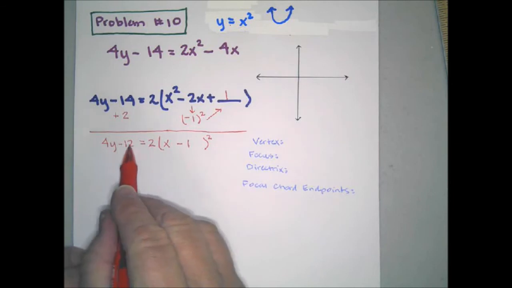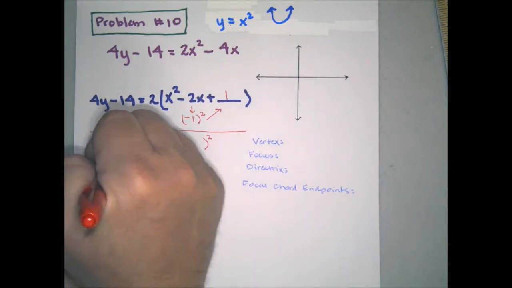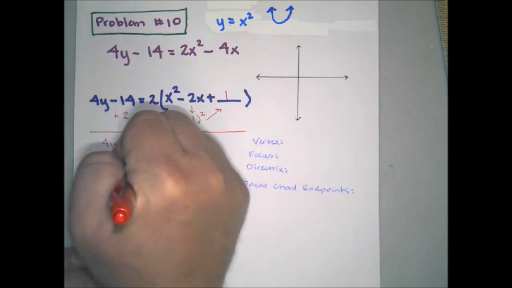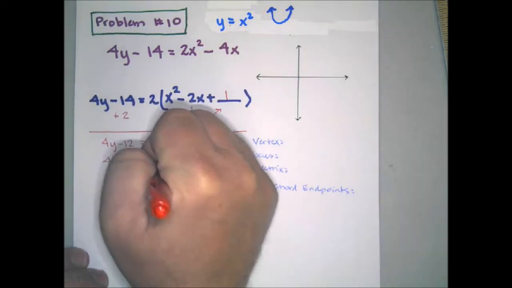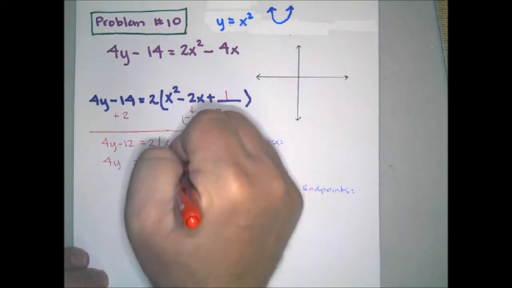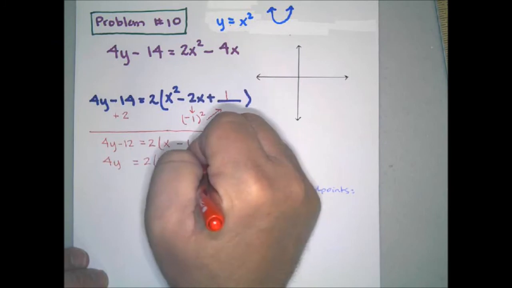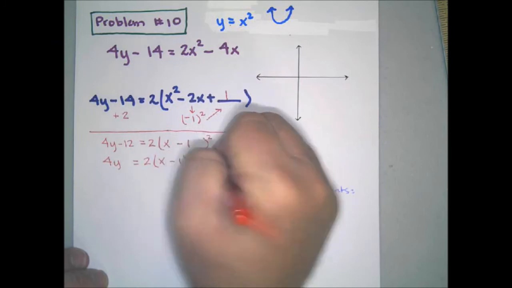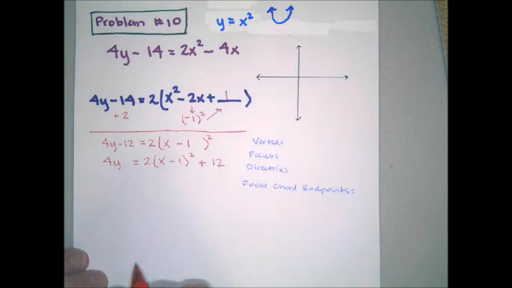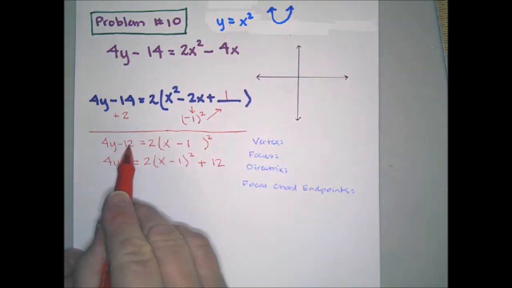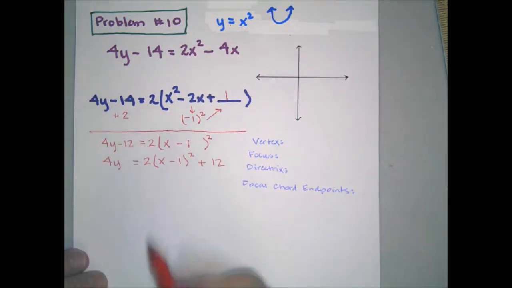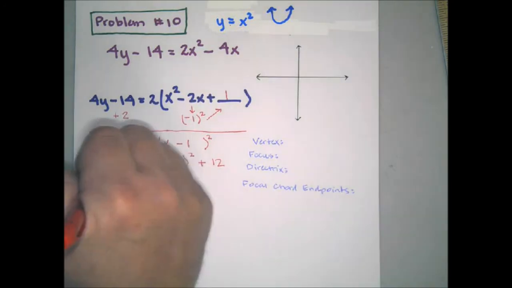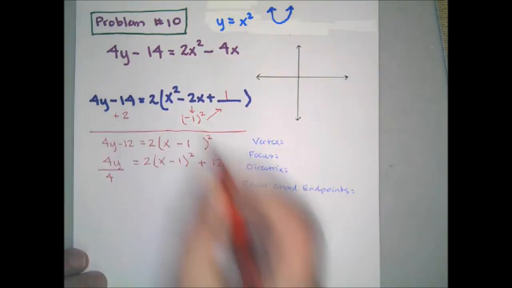Now, I'm going to move that minus 12 over to the other side, and now I have 4y equals 2 times the quantity x minus 1 squared plus 12, because that negative 12 moved over there. And now I'm going to divide everything by 4.